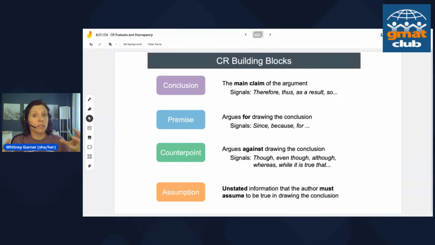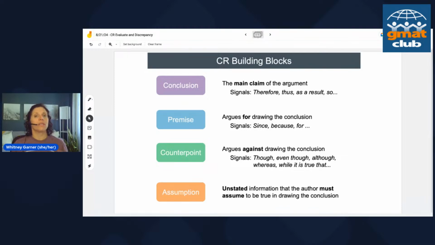I have clearly made the assumption, it's in my head, that Maddie is a dog. But I didn't say that to you. I didn't say all dogs love peanut butter and Maddie is a dog. Therefore, Maddie would love peanut butter. I left that piece in the middle out. That piece, though, was absolutely necessary. I need to know that Maddie is a dog, or else I can't draw this conclusion.